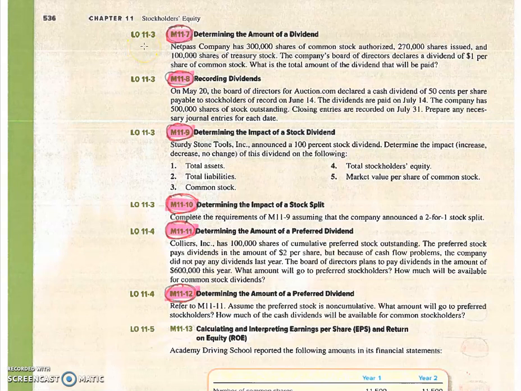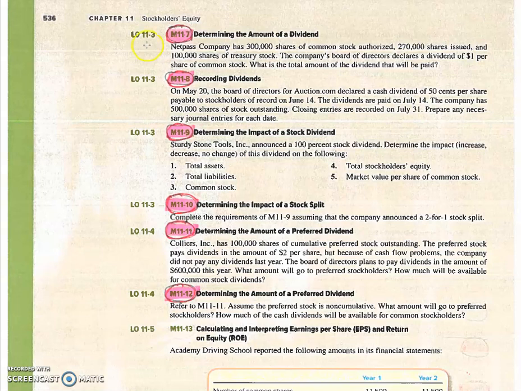NetPass Company has 300,000 shares of common stock authorized, 270,000 shares issued, and 100,000 shares of treasury stock. The company's board of directors declares a dividend of $1 per share of common stock. What is the total amount of the dividend that will be paid?